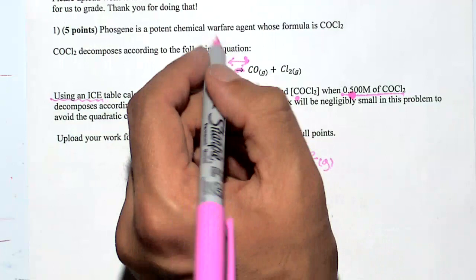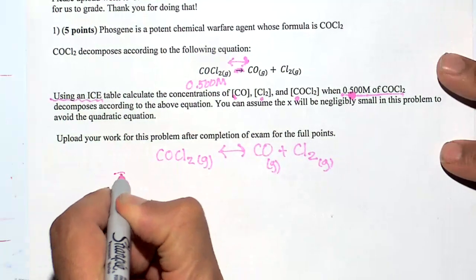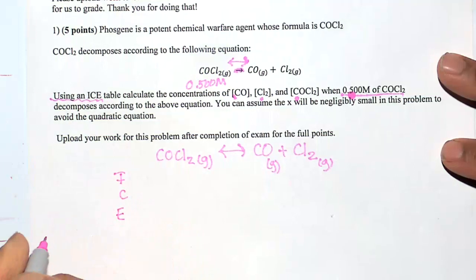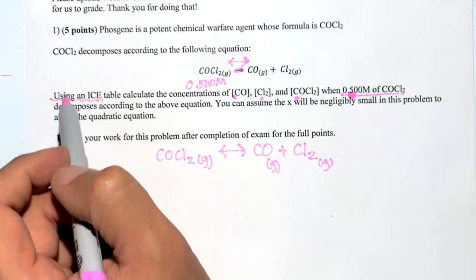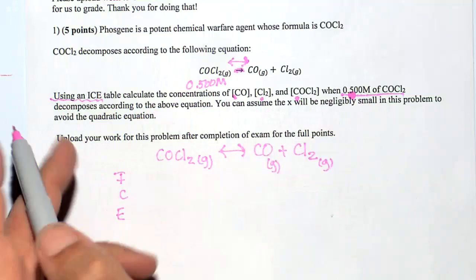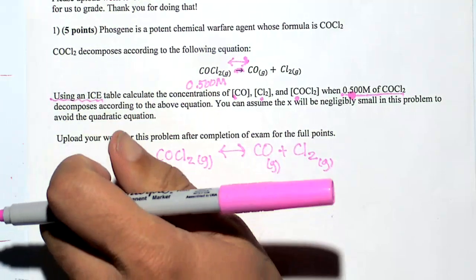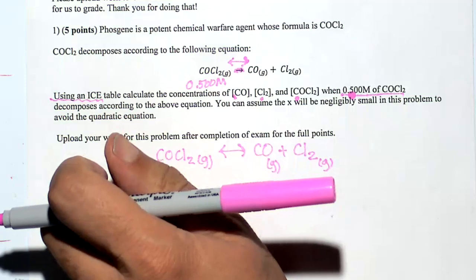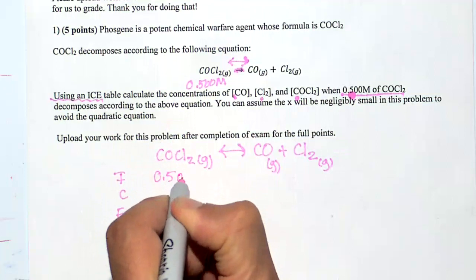And because it's at an equilibrium, it's not going to decompose 100%. So here we're going to use the ice table. I've realized I've made a lot of errors here. I'm glad I'm going through this.